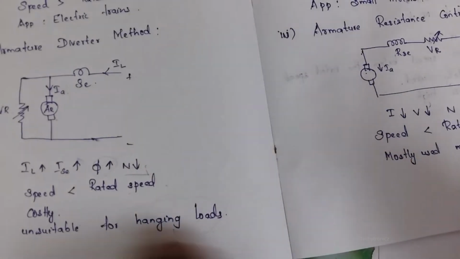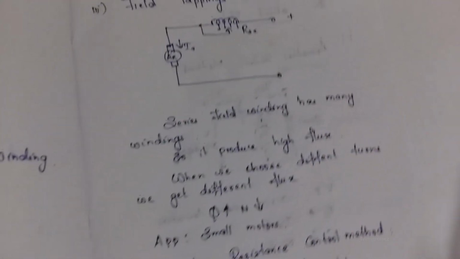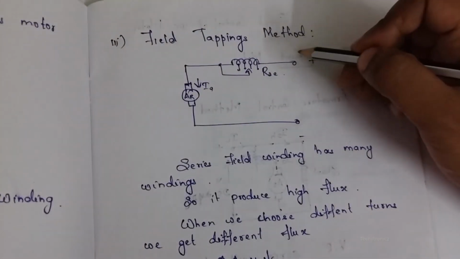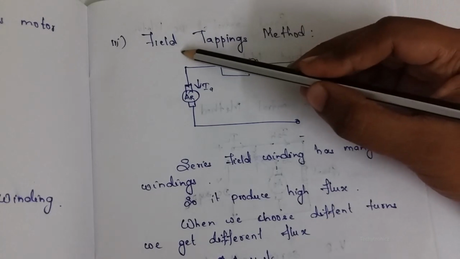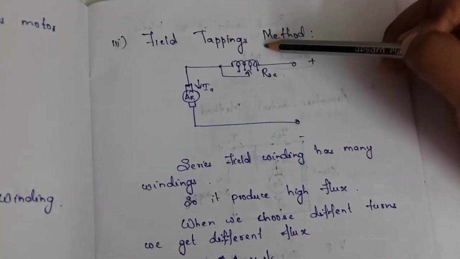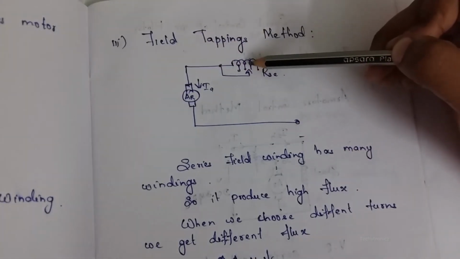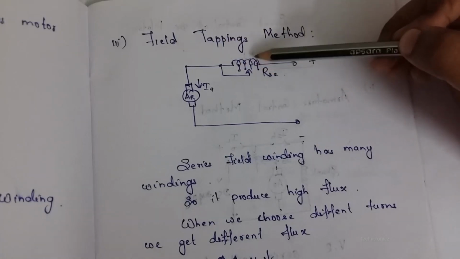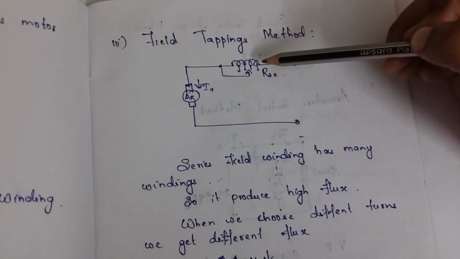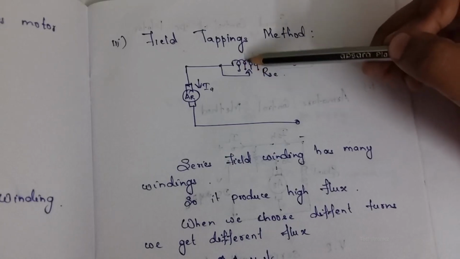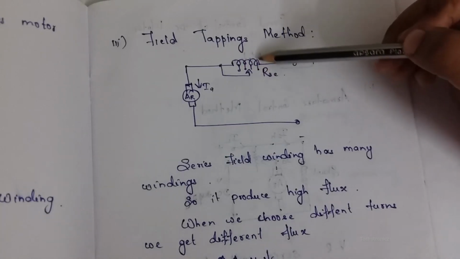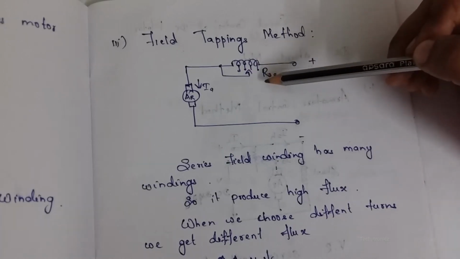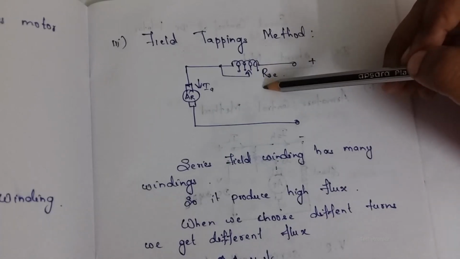Okay, the third method is the field tappings method. In the field tapping method, the field winding has a number of turns. The tapping is increased or decreased, which increases or decreases the number of turns of the field winding, so the flux also varies.